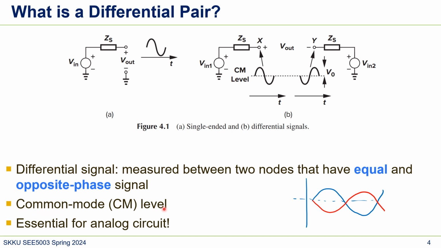And common mode level is an important terminology. The common mode means their DC voltage, so here in this case, this. So basically this differential pair is really important. You can see it in every analog circuit, so it is essential for analog circuit design.